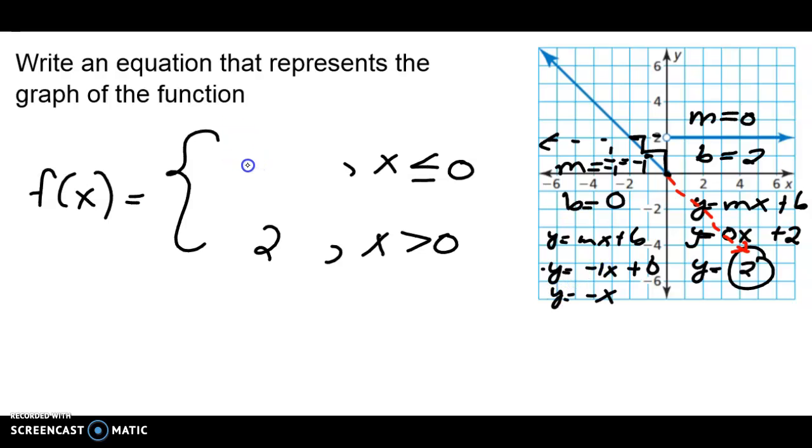So that means the expression we're going to write here is -x. So this is called a piecewise function because you're writing two different equations or expressions representing the graph or function over these two different domains.